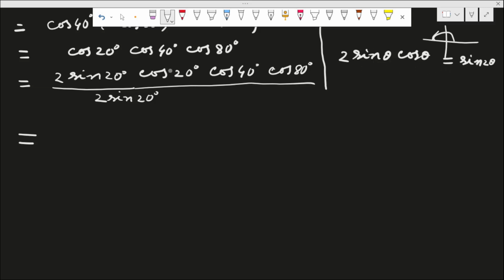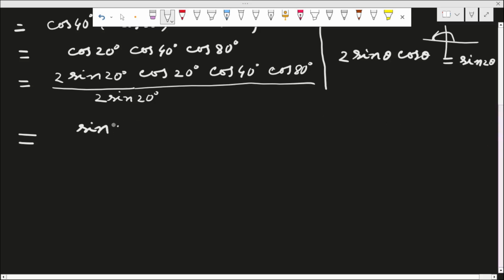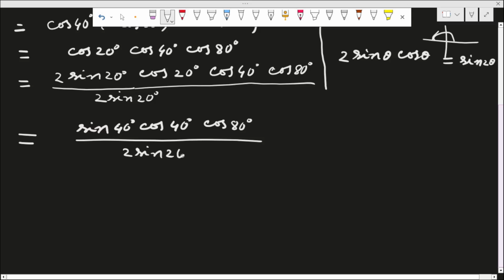So use this formula. Sin of 2 theta means 2 into 20 degree, sin 40 degree, cos 40 degree, cos 80 degree by 2 sin 20 degree.